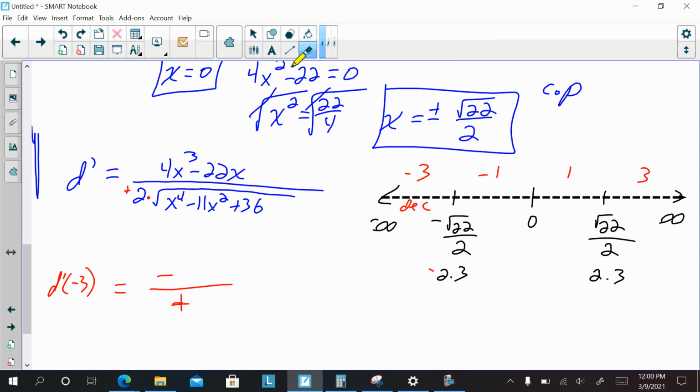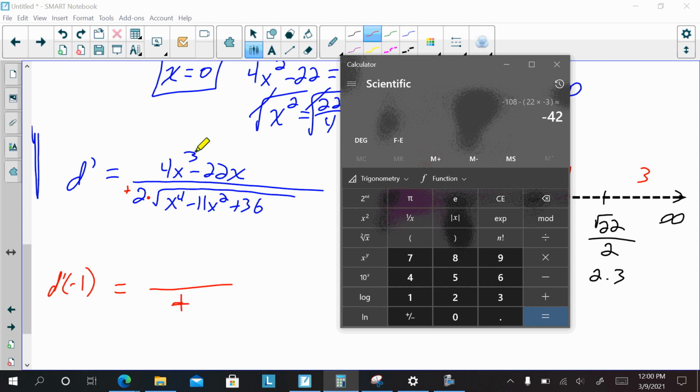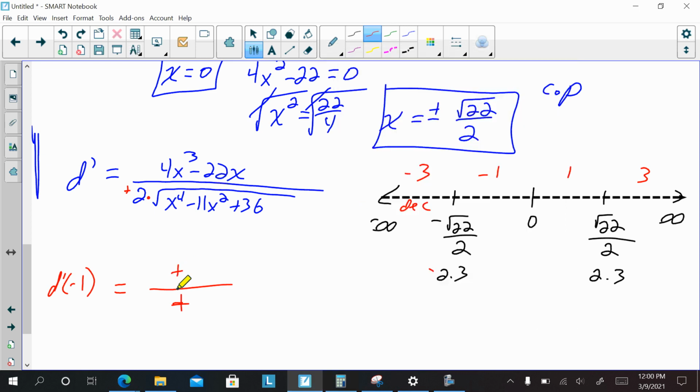If we test the next interval by substituting in a negative 1, we still have a positive on bottom, but on top we have negative 1 cubed, so negative 1 to the third times 4, and then we're going to subtract 22 times negative 1, and that makes a positive.